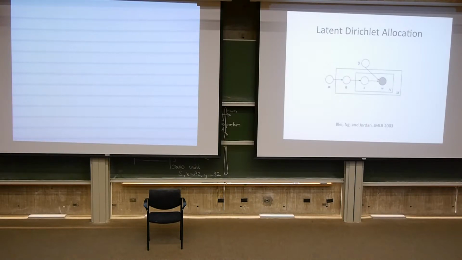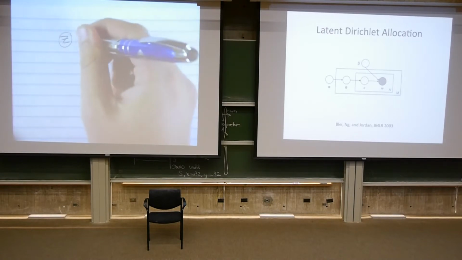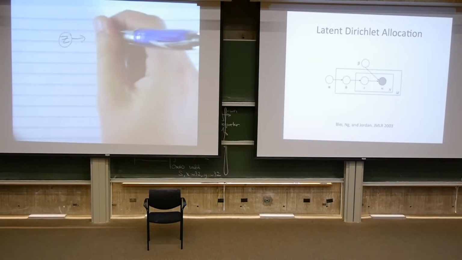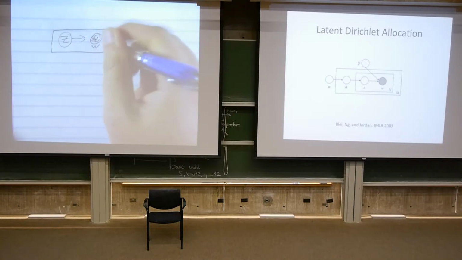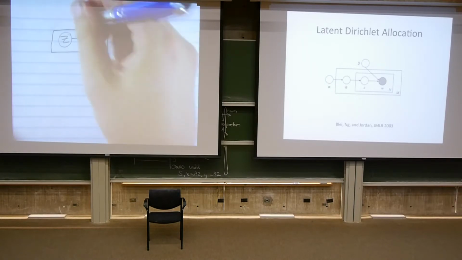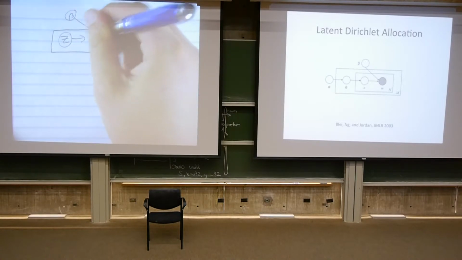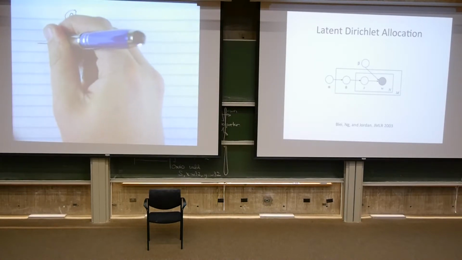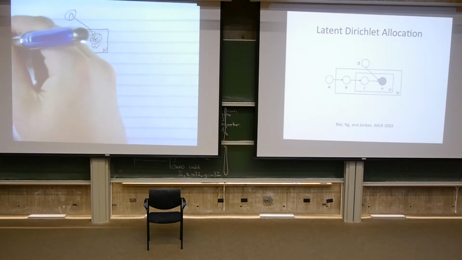So the inner part of this model, we have Z, W, beta, theta, alpha.